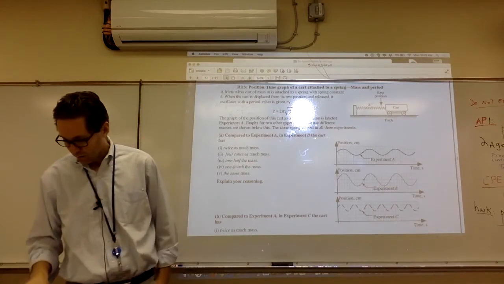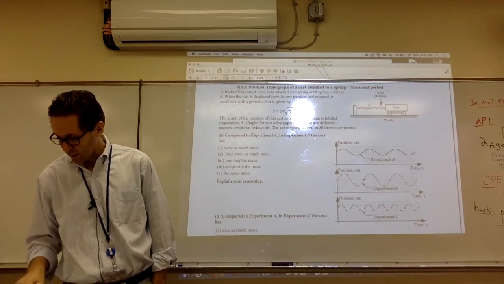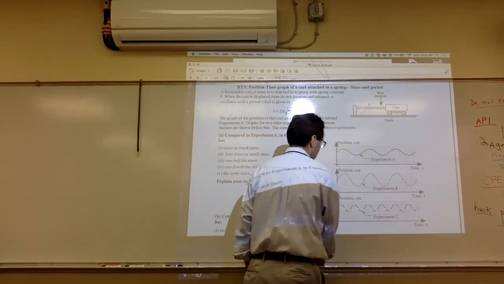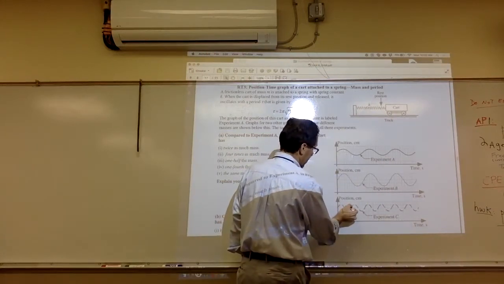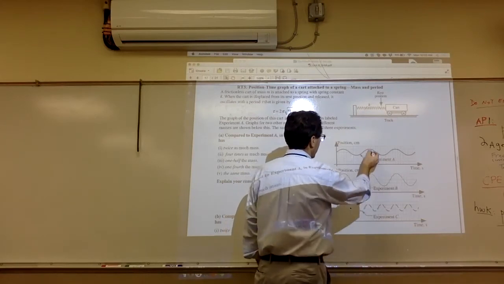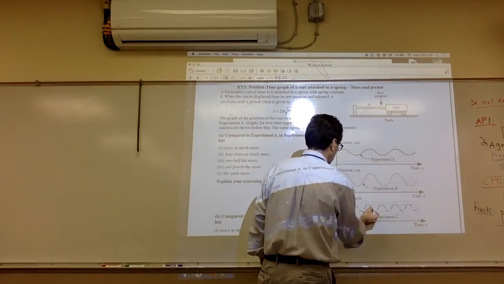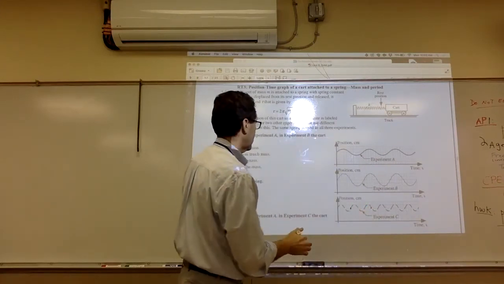Okay. Compared to experiment A, in experiment C, the cart has, well, let's see. So let's take a look at experiment C. In here, the period stops there, but the period for the other one is kind of like there-ish. No, it's here.